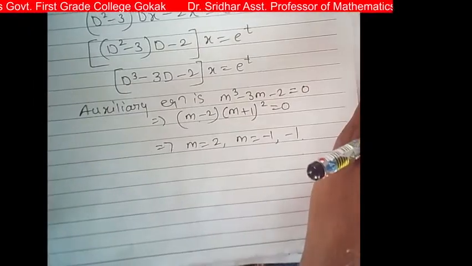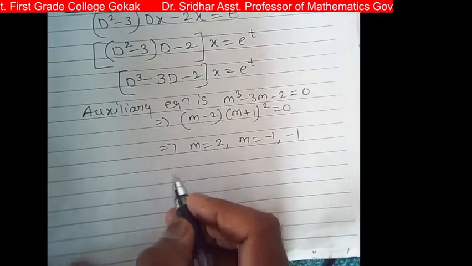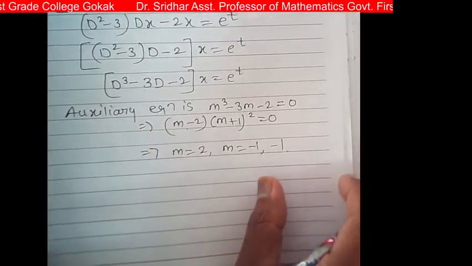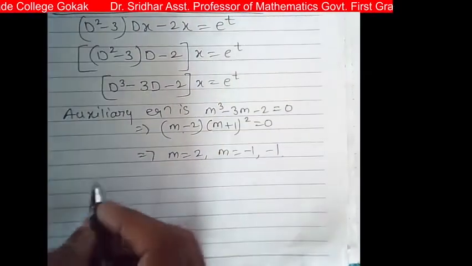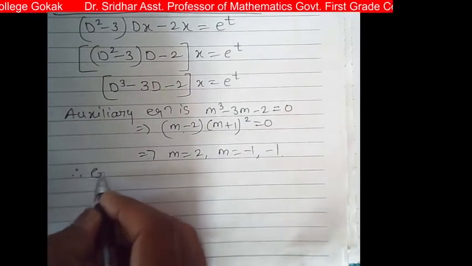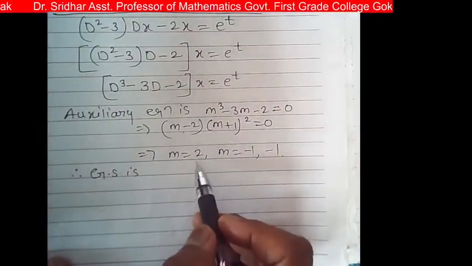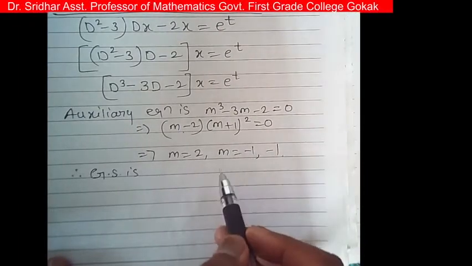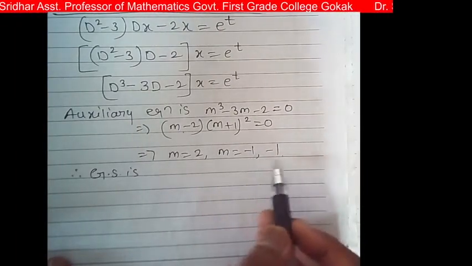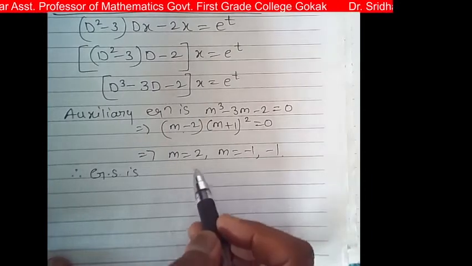Therefore the general solution is, among the 3 roots, 2 roots are repeated, or 2 roots are the same, and 1 root is different.